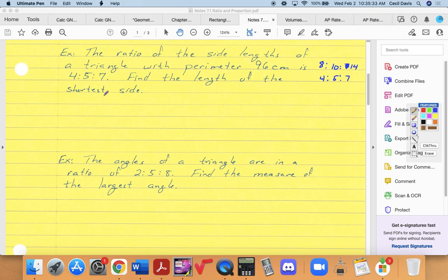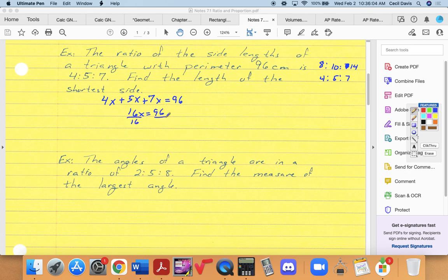Well, let's call the number that they're all multiplied by x. So 4x, 5x, and 7x. And the perimeter is the sum of all the sides, so if I add these three together, it should be equal to 96. Combining the like terms, we get 16x is 96.